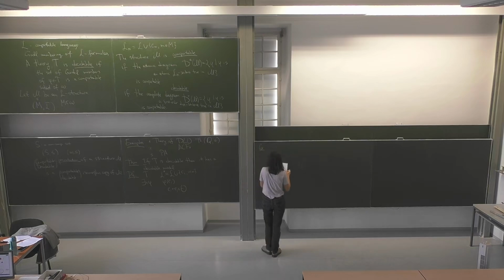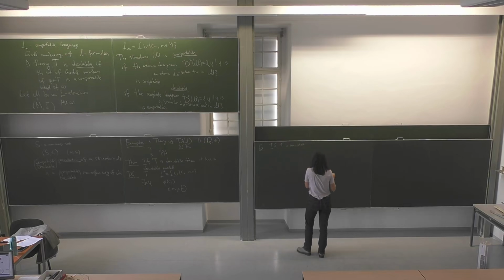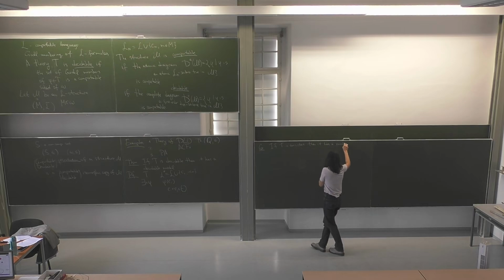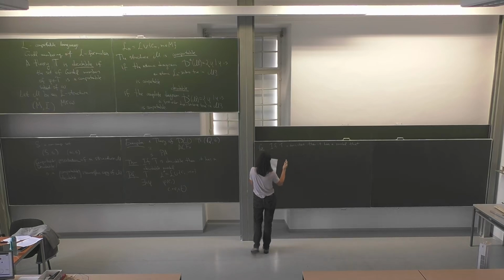Corollary. If T is a consistent theory, then it has a model that is such that its elementary diagram is computable in one jump of T.